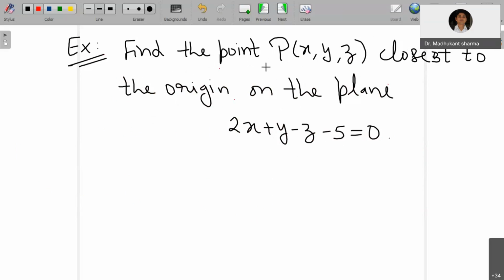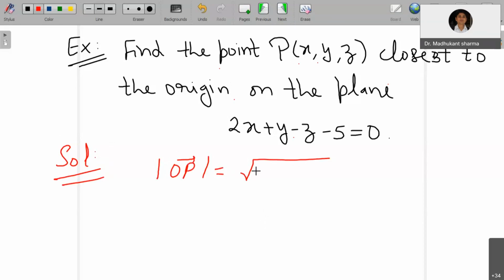If you take any point P on the plane, the distance formula is the square root of x squared plus y squared plus z squared. So we wish to find the minimum value of this function, the square root of x squared plus y squared plus z squared.